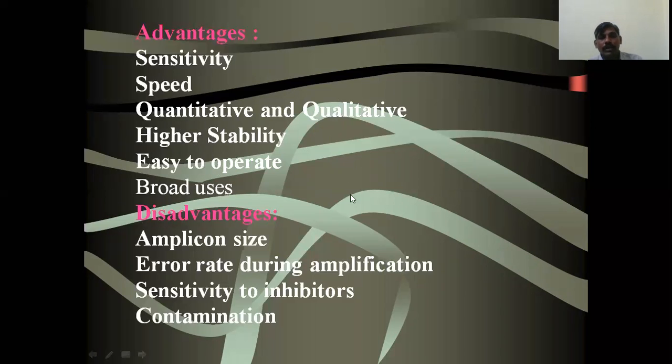And a few disadvantages are also there. If the sample DNA or target DNA size increases, the amplicon size also increases. Sometimes an error rate appears in the PCR products during the amplification process, and sometimes the process or the sensitivity is inhibited by different types of antibiotics, and by contamination also.